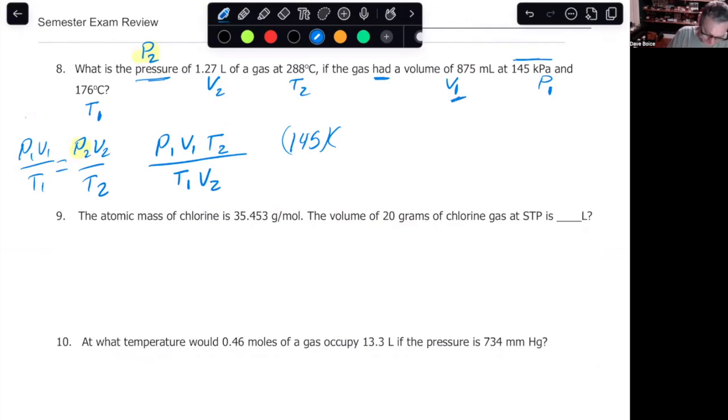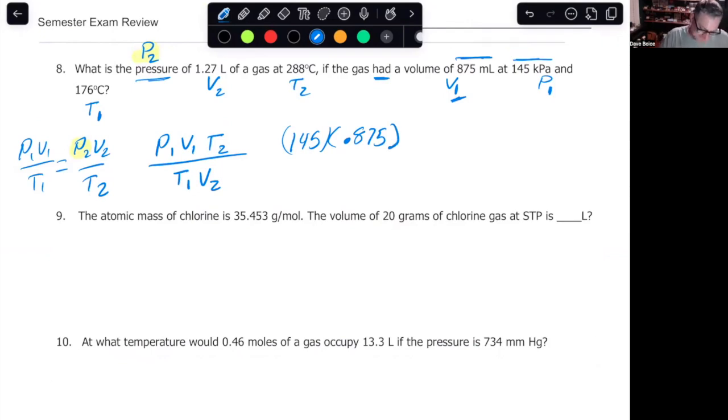I almost wrote this 1.27. Almost did that. But I wrote the ones and the twos, so I'm not going to make that mistake. So 875 milliliters, that's not going to work out for me. I need liters. So I'm going to move that decimal place, and I'm going to call this 0.875 liters because that's what I need it to be.